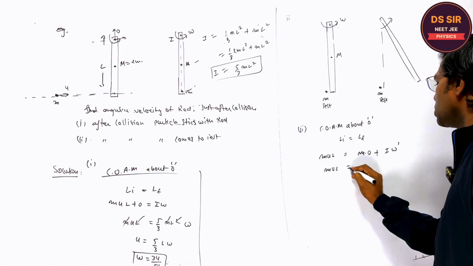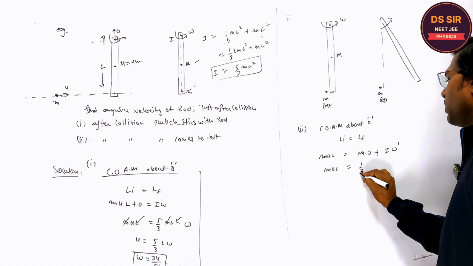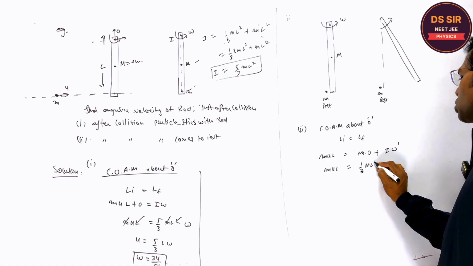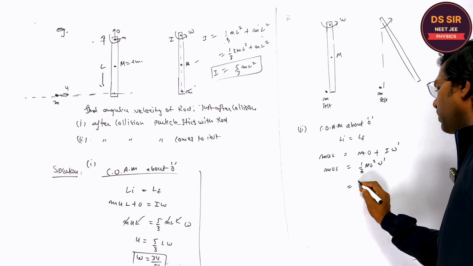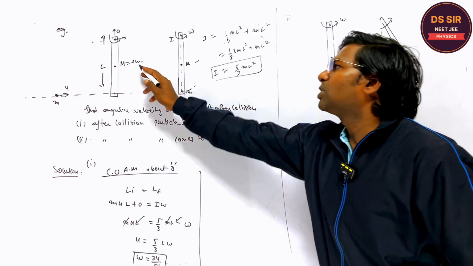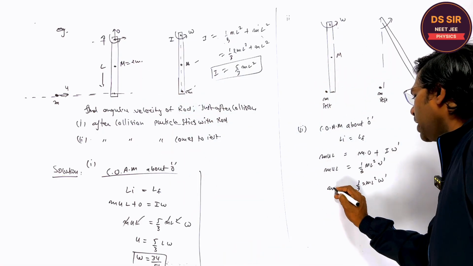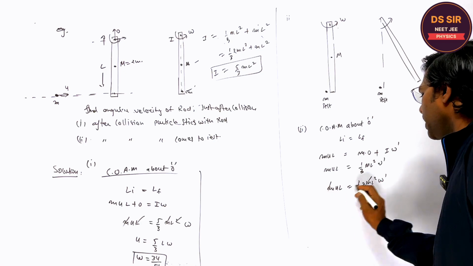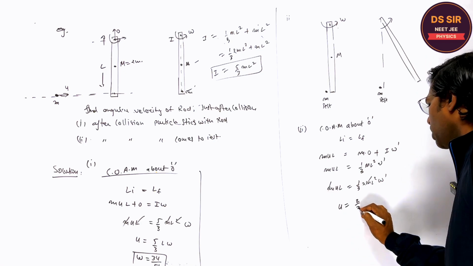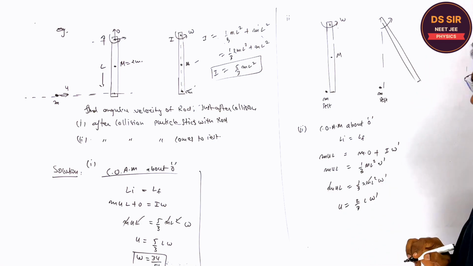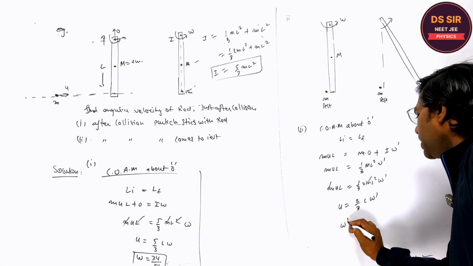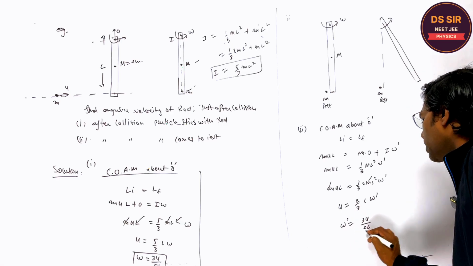So muL is equal to 1 by 3 ML square omega dash, but M is twice m, so muL equals 2 by 3 ml square omega dash. m and L will cancel out, u is equal to 2 upon 3 L omega dash, so omega dash in this case is 3u upon 2L.